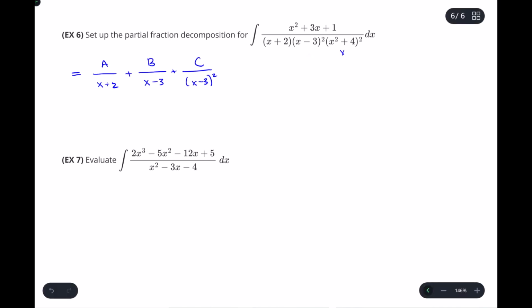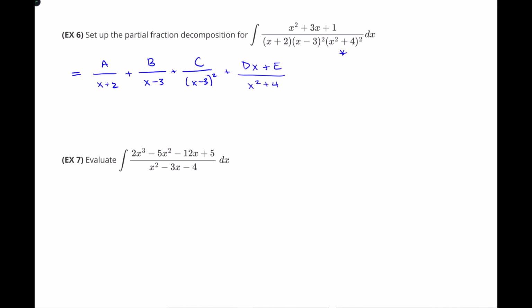And then lastly, we have an irreducible quadratic, but it is also repeated. So we do the same sort of thing. I guess I'm on D here. dx plus e, so a linear, over the x squared plus 4, so to the first power.